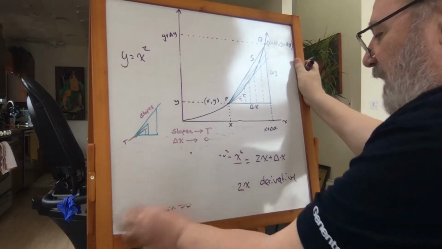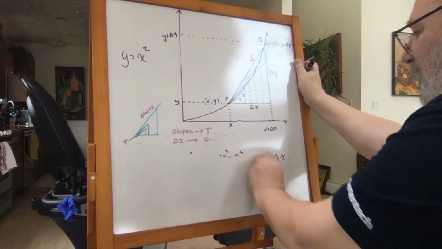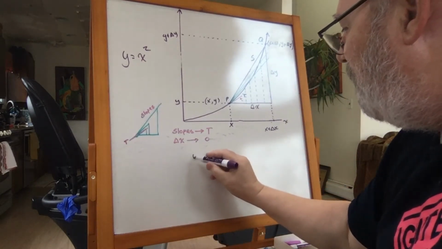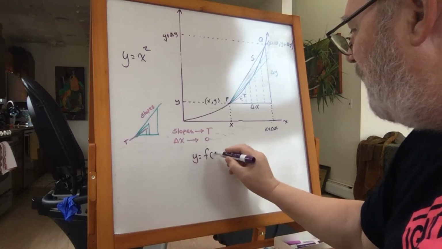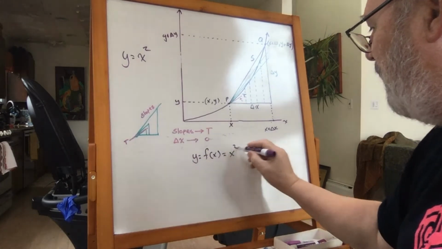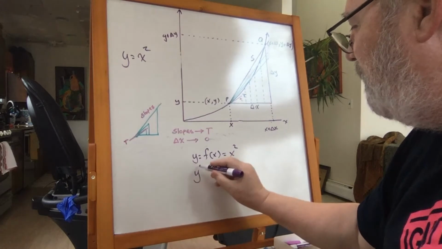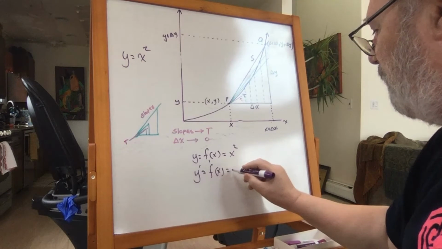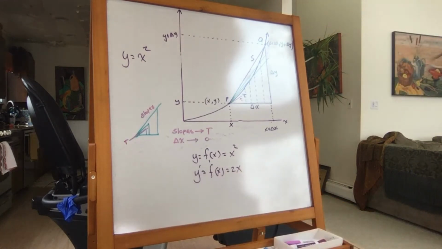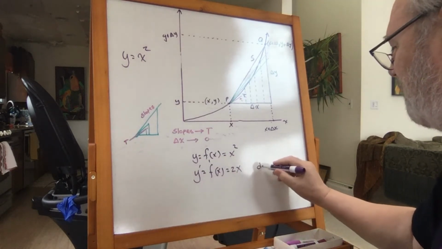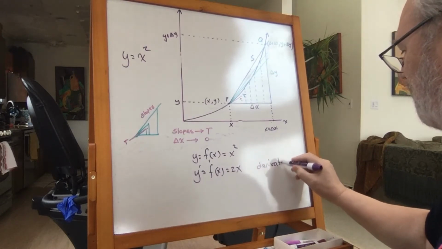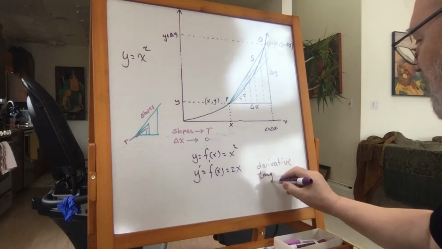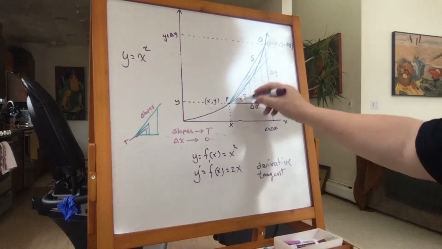So now we have a function f of x: y equals f of x equals x squared. y prime, the derivative, is equal to f prime of x equals 2x. And this is the derivative. Okay, it's also the tangent of the curve at a given point.